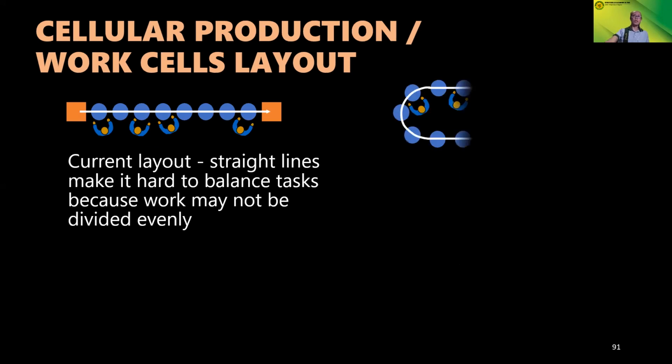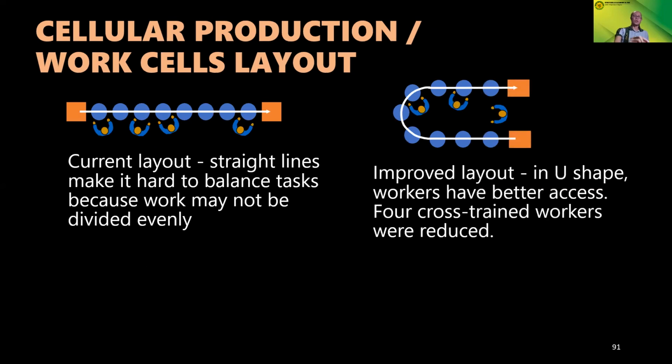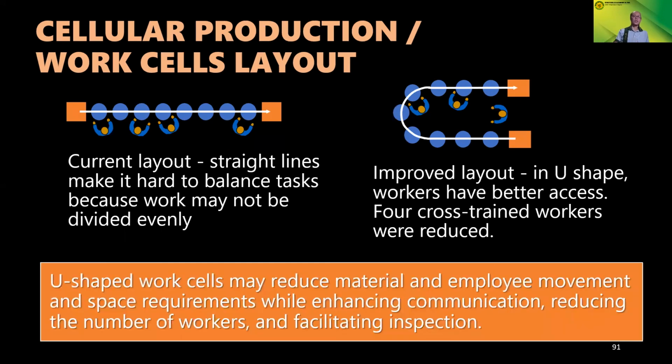In the improved layout, such as the U-shape, workers have better access, and the 4 cross-trained workers were now reduced to 3. U-shaped work cells may reduce material and employee movement and space requirement while enhancing communication, reducing the number of workers, and facilitating inspection.